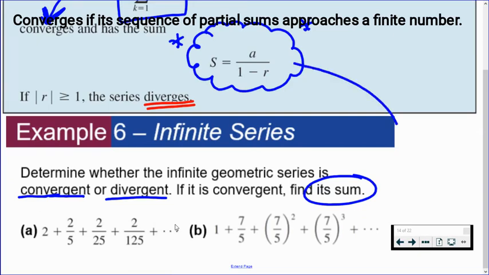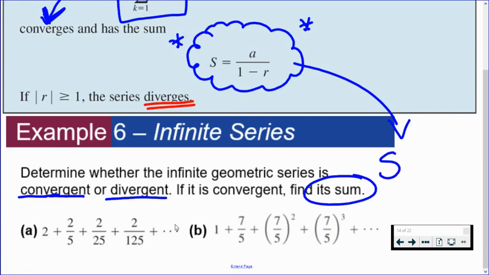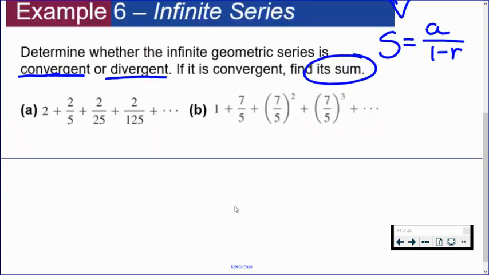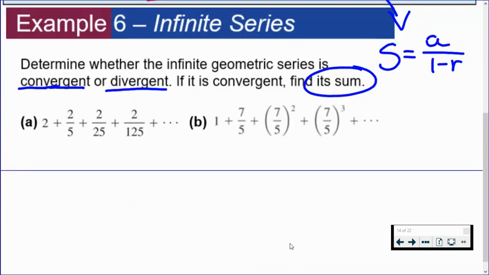I'm going to bring this formula down so we can visualize it. What I'm going to do first is find out what the R is, because I need to know whether it converges or diverges.